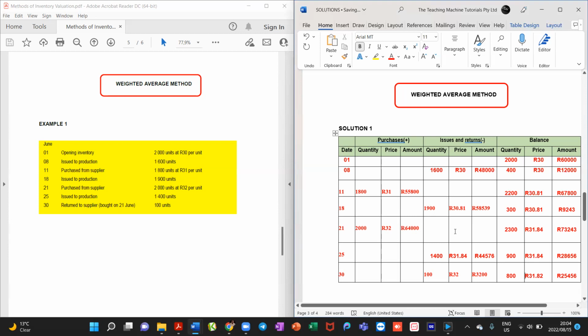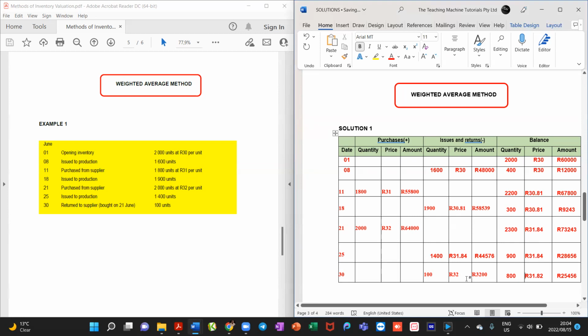So we will work out an average price. We have 30.81, we have 32. How did we work out this average price? We said 9,243 plus 64,000 divided by 2.3 units.